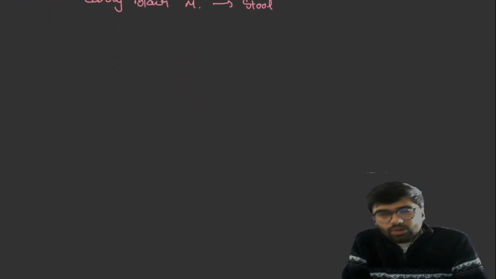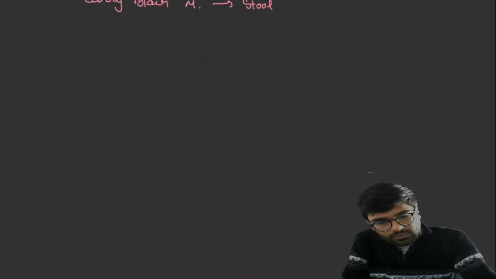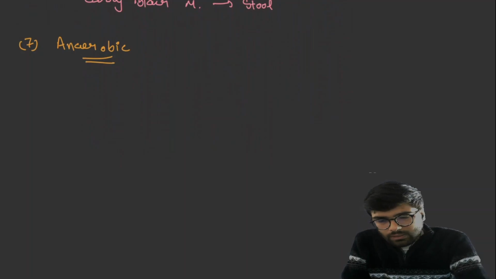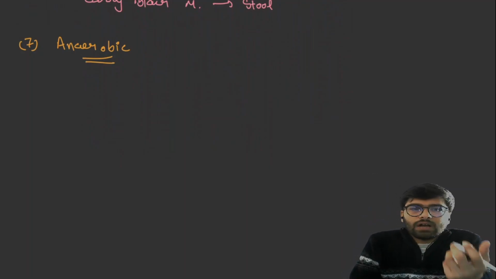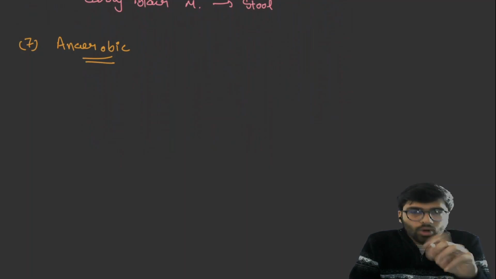Now, last but not the least is anaerobic media. Seventh is anaerobic media. Now, what is anaerobic media? Of course, the name suggests anaerobic media is a media that maintains zero oxygen.